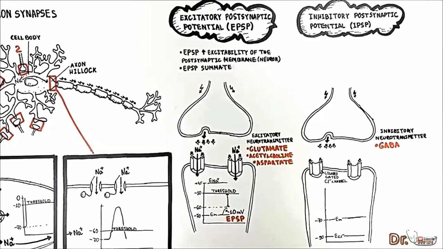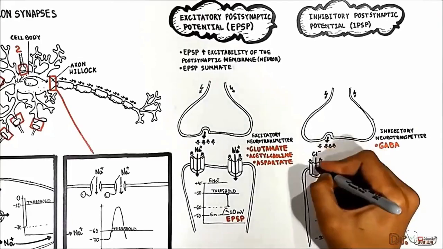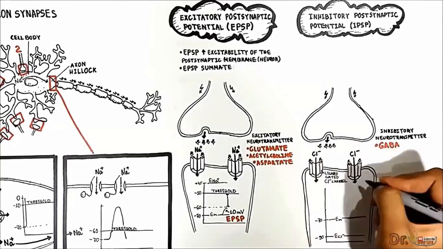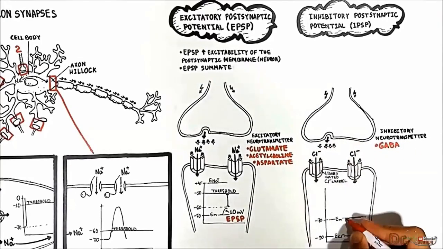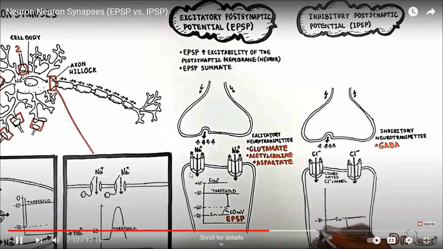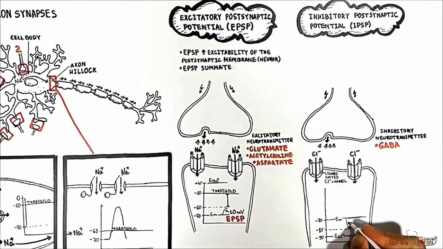Please note, chloride is a negatively charged ion. This chloride influx hyperpolarizes the postsynaptic cell toward its equilibrium potential, suppose from negative 70 to negative 85 millivolts. This 15 millivolts of hyperpolarization is referred to as inhibitory postsynaptic potential.